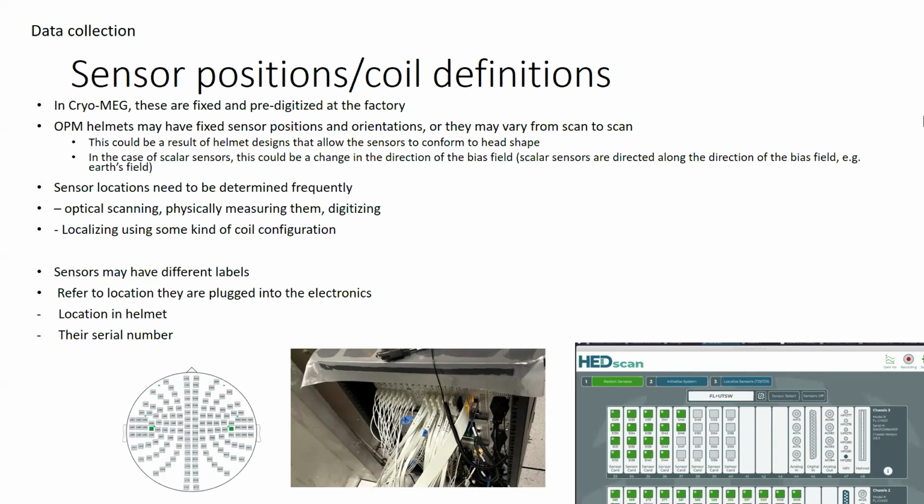But as the sensors are found, it's more practical to name them relative to where they are on the helmet. So you may find a whole lot of different naming conventions that might represent the same sensor, and they could be in different locations from day to day, depending on how you use your system. So that's something to consider in terms of differences between the SQUID MEG and OPM MEG.